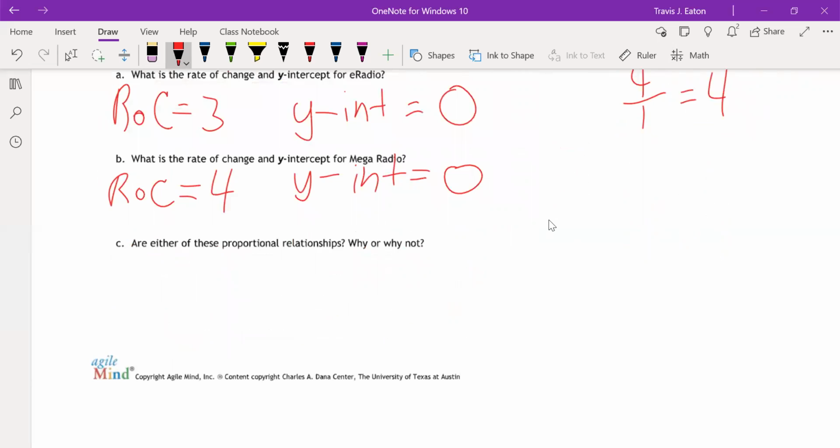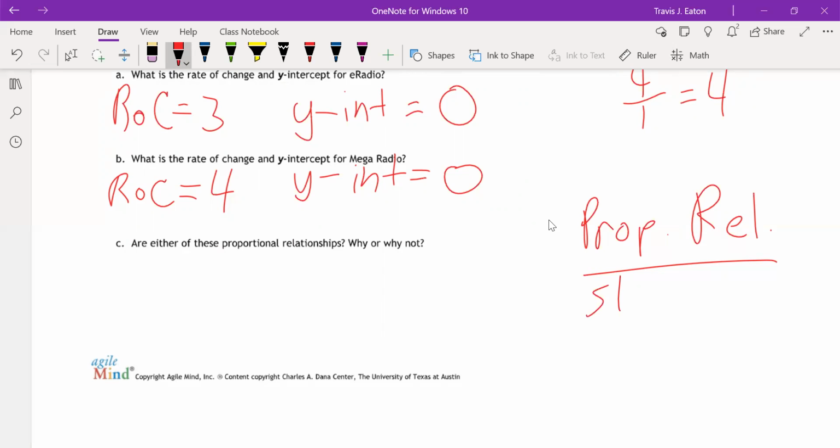In order for something to qualify as a proportional relationship, first of all, you're going to have the rate of change. It's going to be a straight line.